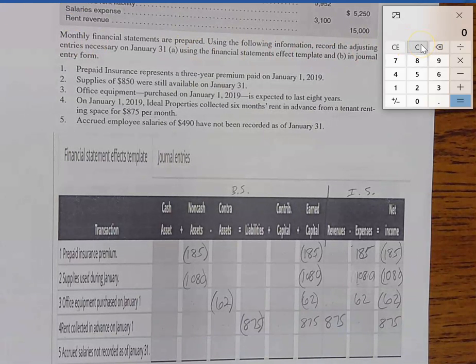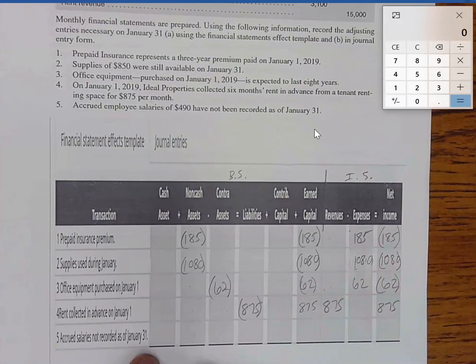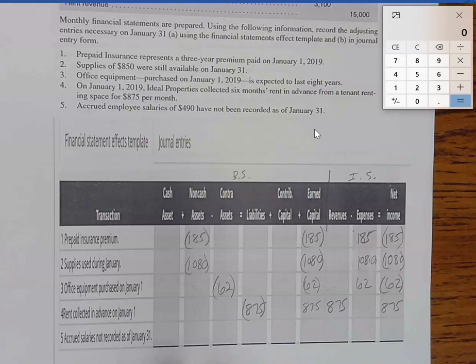And then finally, let's see here what we have. Accrued salaries not recorded as of January the 31st. Okay, so I'm kind of going about that backwards. Let's see. Number 5, accrued employee salaries of $490 have not been recorded as of January the 31st. Okay. So let's see what we have here.